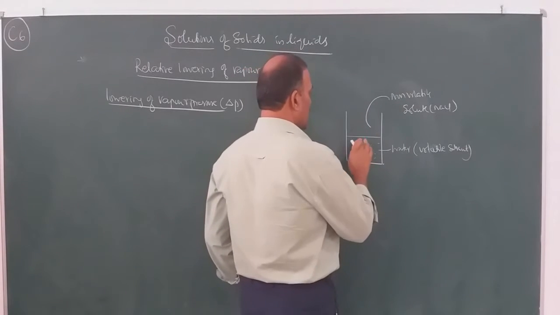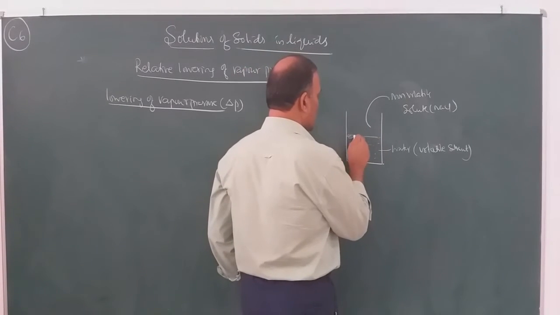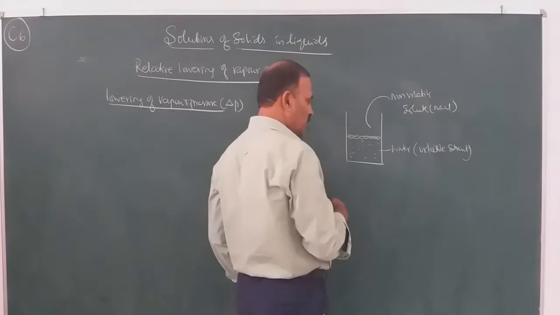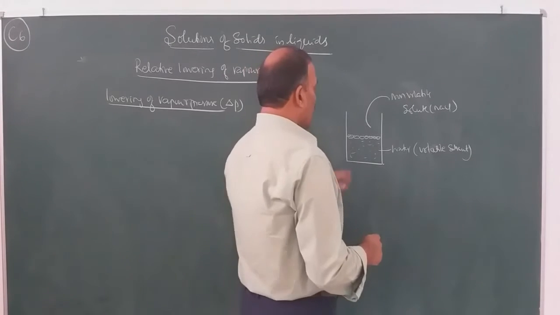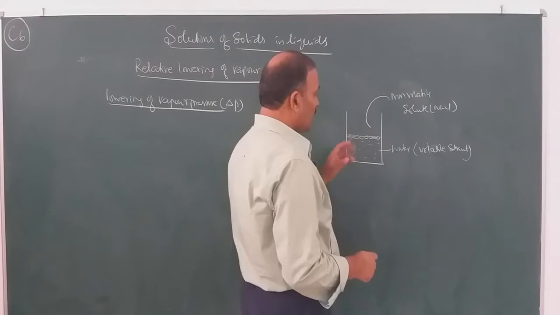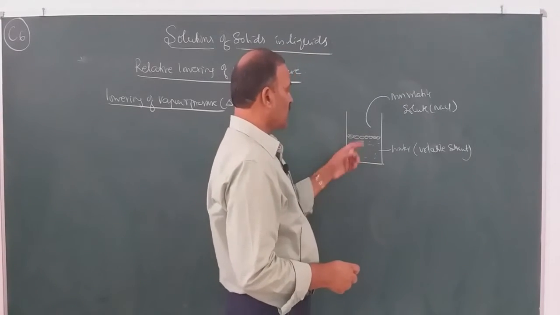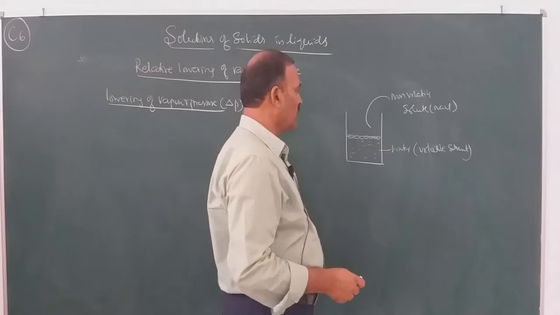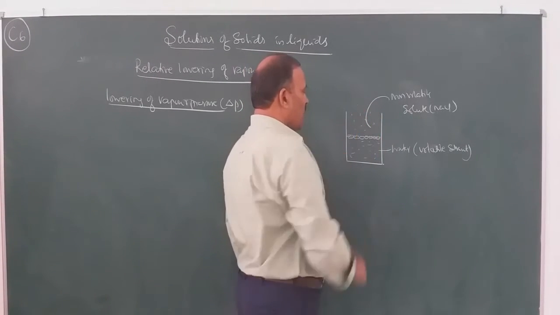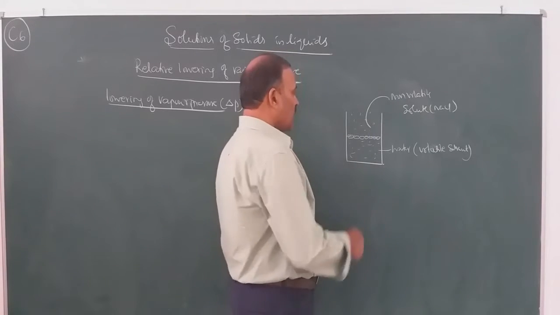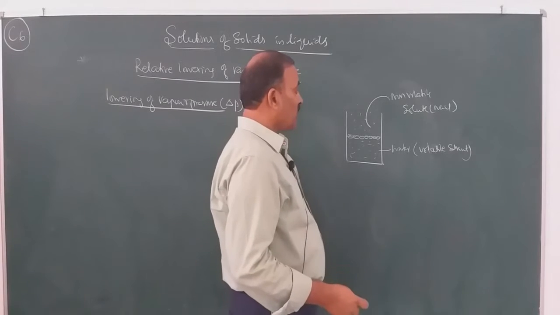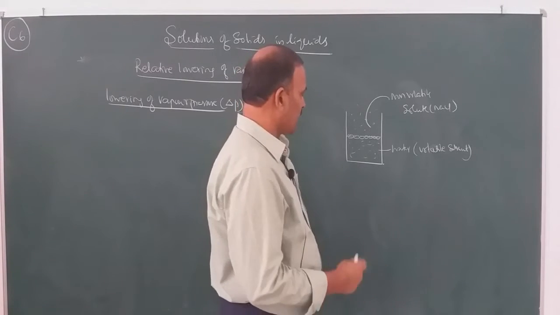Why does water vaporize? On the surface of water there are water molecules. When the kinetic energy of the molecules of water becomes more than their intermolecular forces, the water molecules leave the surface and go out. This is known as vaporization. As the temperature increases, vaporization also increases and the vapor pressure also increases.